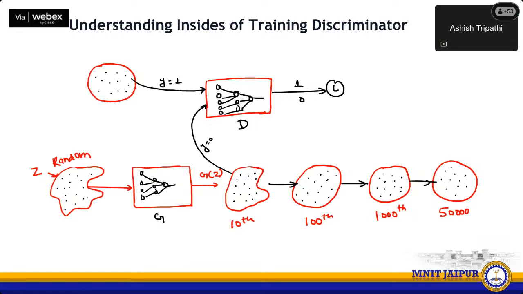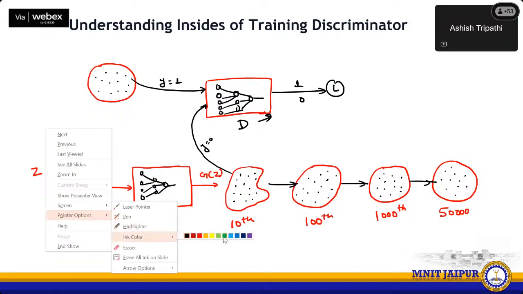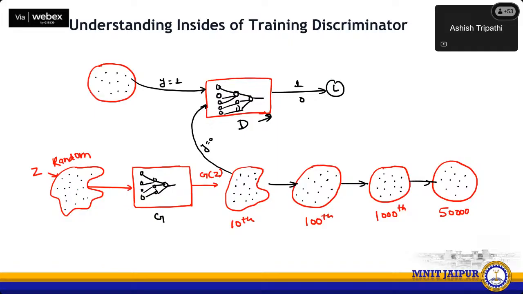Now coming to the insights of training the discriminator model, how this particular discriminator is being changed. Now look, for example, this is the discriminator model and this is the generator model. For example, this is the random noise.